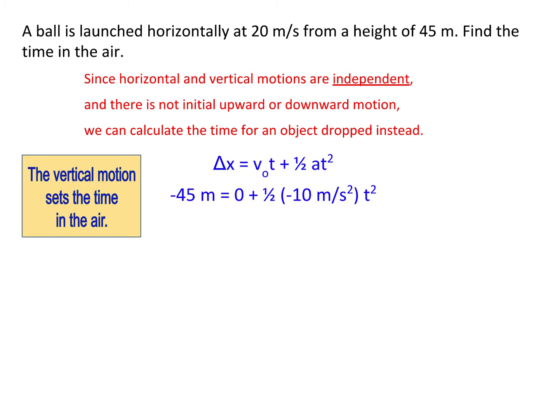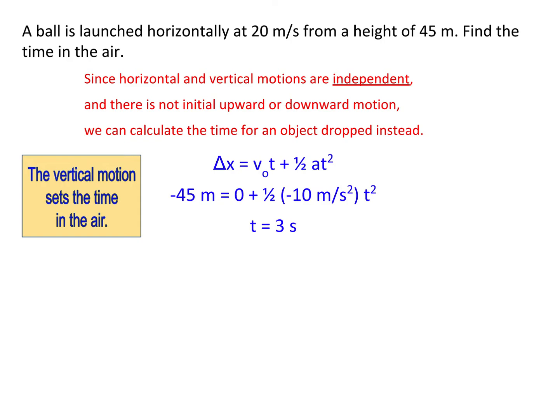Again, we're just focusing on the up and down part of the motion, the vertical motion. And in that direction, gravity affects things. And so we'll use the acceleration of negative 10 meters per second squared. This comes out to be 3 seconds. By the way, I picked nice numbers for this video. Things might not work out so great on practice problems. So it takes 3 seconds for this ball to hit the ground from this height of 45 meters.